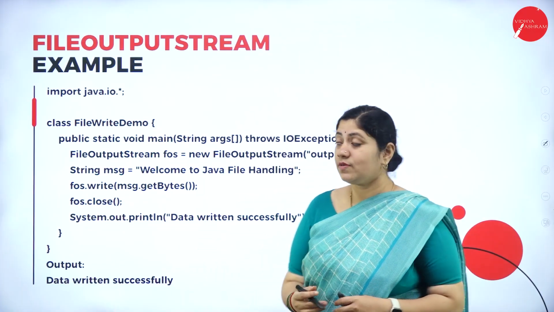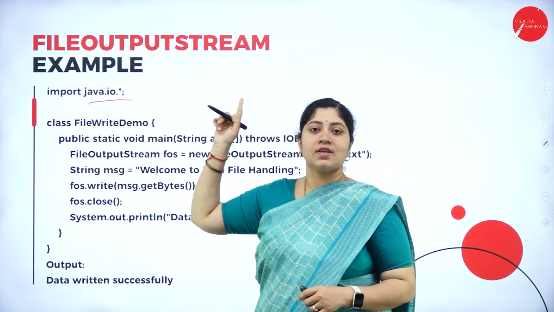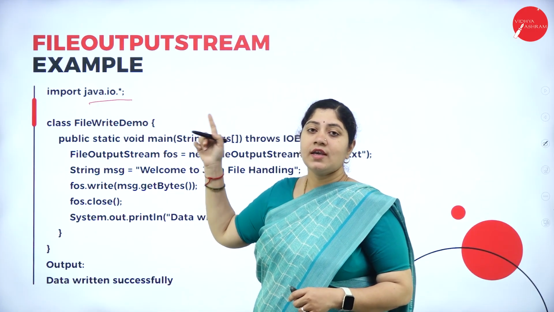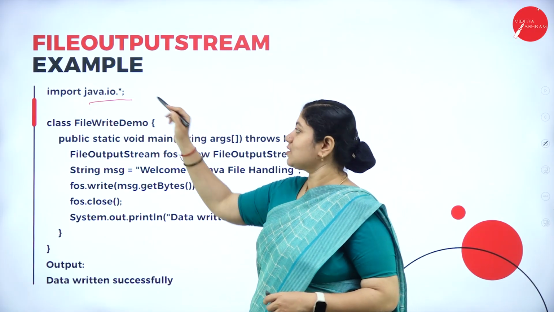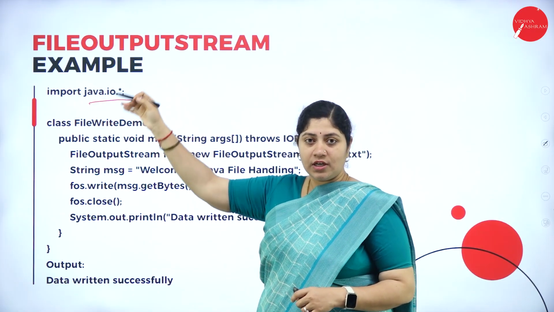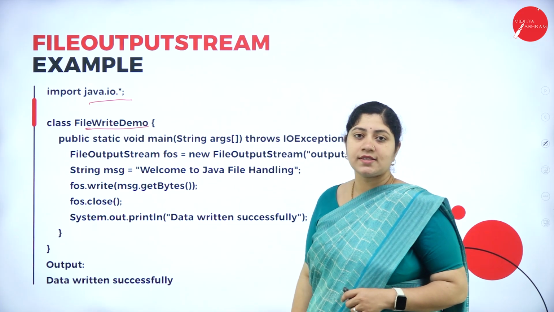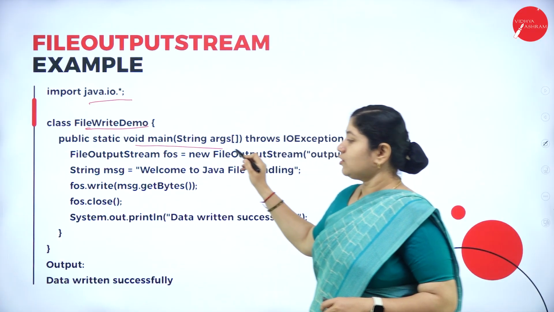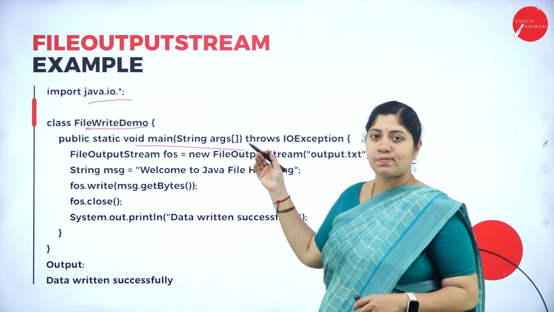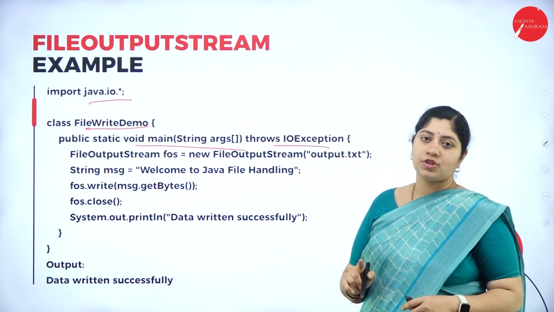Let's see an example over here. We are importing java.io. Why? Because FileOutputStream is included in that package. So which package? None other than java.io. So we need to import that package. Done. Then we write a class, FileWriteDemo, followed by public static void main. This is the main method that we are creating, with throws IOException.